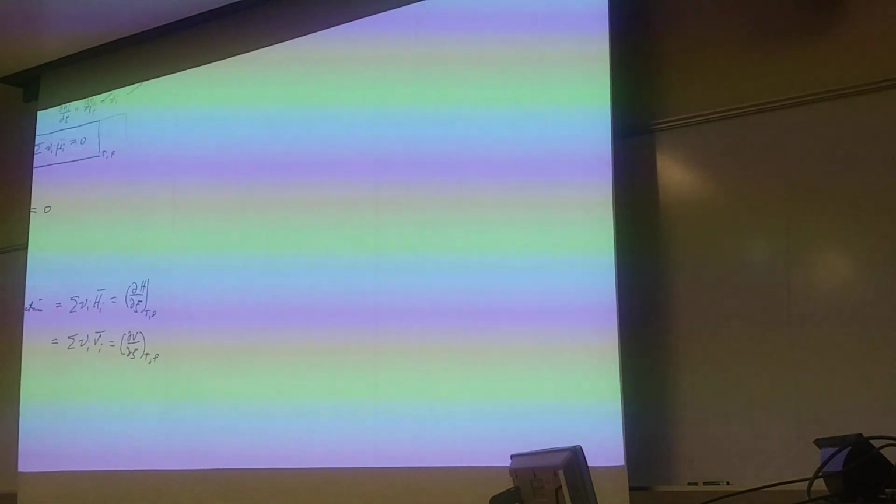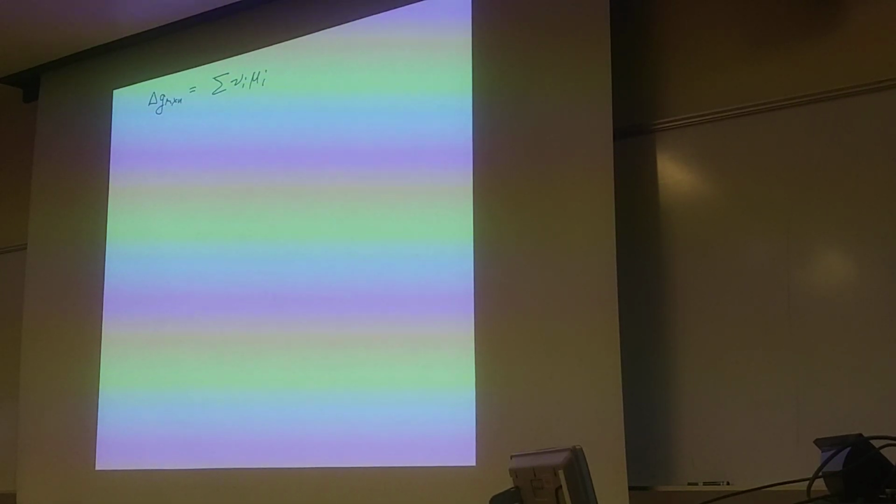So, go on another page then. In order to go further with the idea, what we want to do now is use the fact that this is equal to 0 at equilibrium. That means we're going to need to focus on evaluating these chemical potentials.